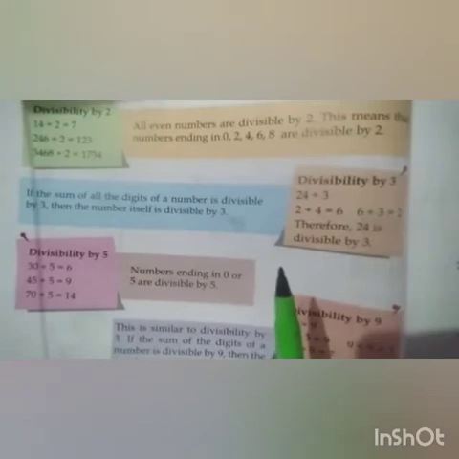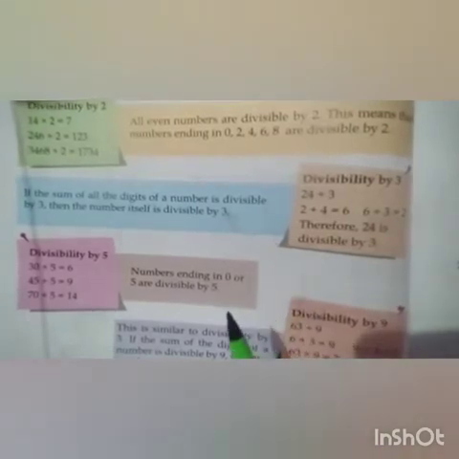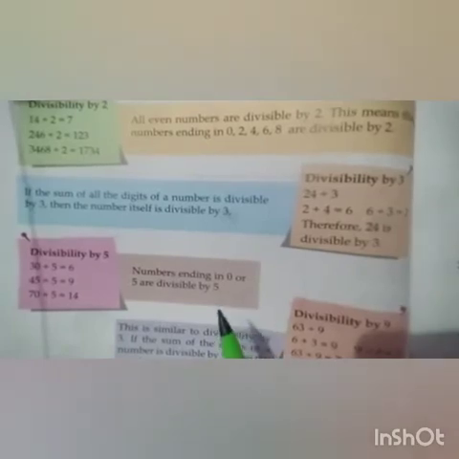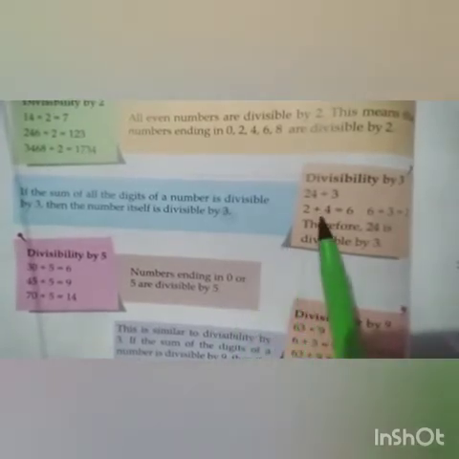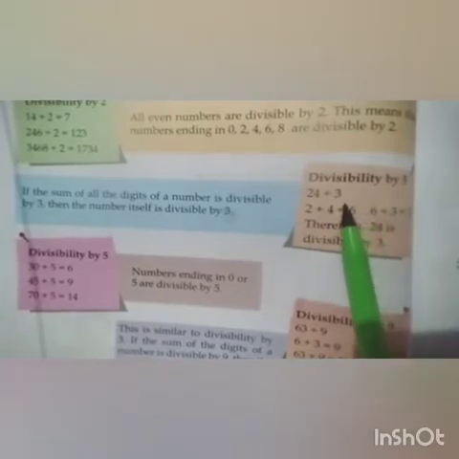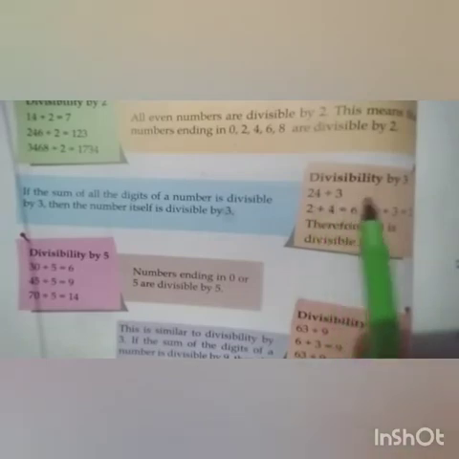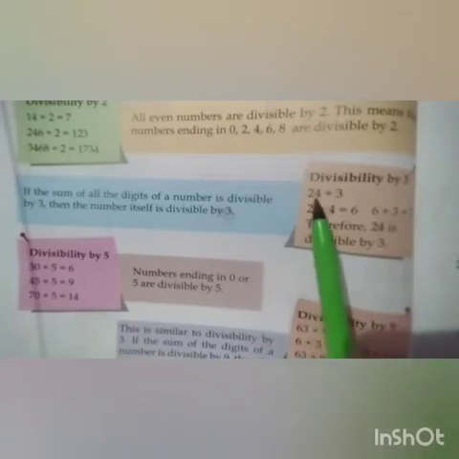Next, divisibility by 3. How do we find whether a number is divisible by 3? Here is one example: 24 divided by 3. You know in the table, 8 3s are 24, so 24 divided by 3 equals 8. But how do we find it? The dividend is 24.